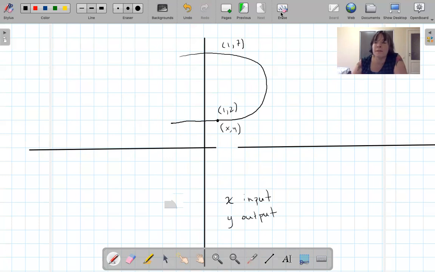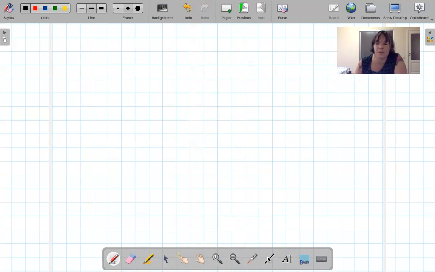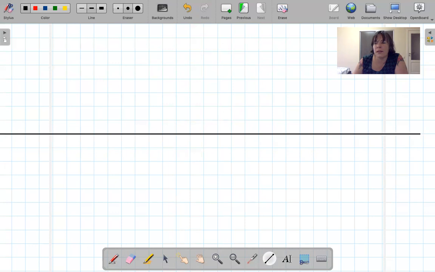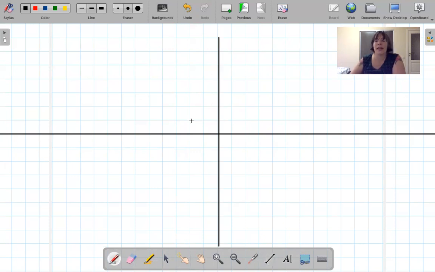Let's do another one. As long as you have a line that looks like this, and for every X there's only one Y, then you're going to have a function.